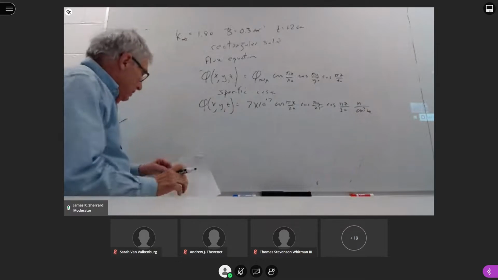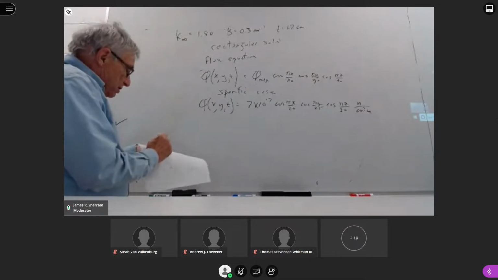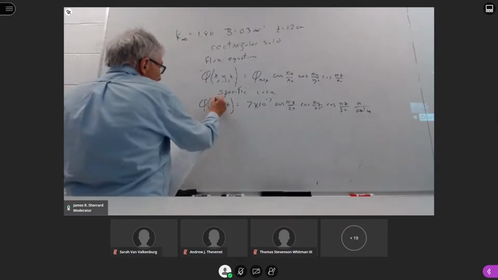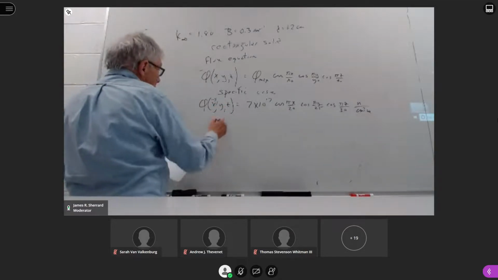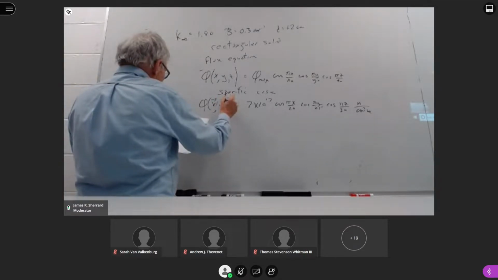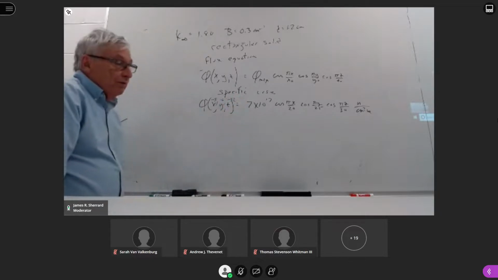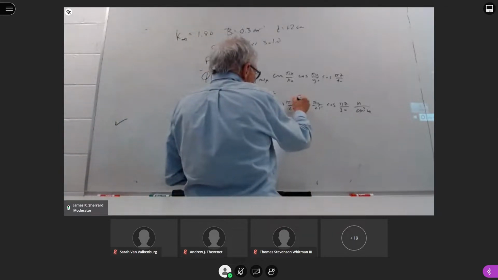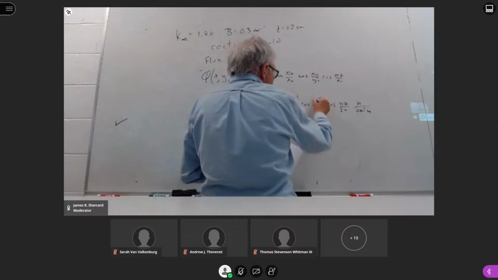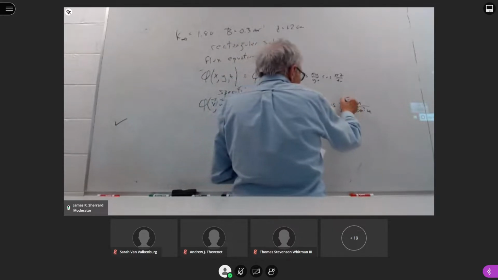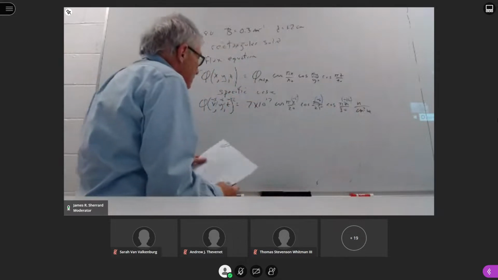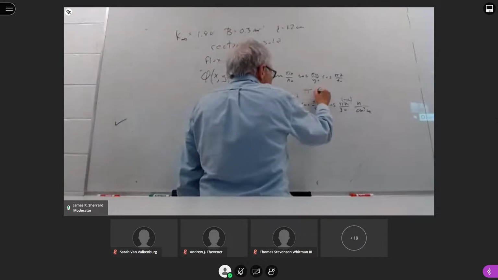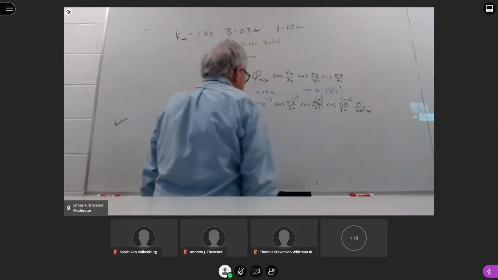and then what I've asked you to do is to find the flux at a particular point. And the point I gave you was -5, -6, and -12. So if you go in and throw those values in, and remember when you do this, that pi here is equal to 180 degrees.